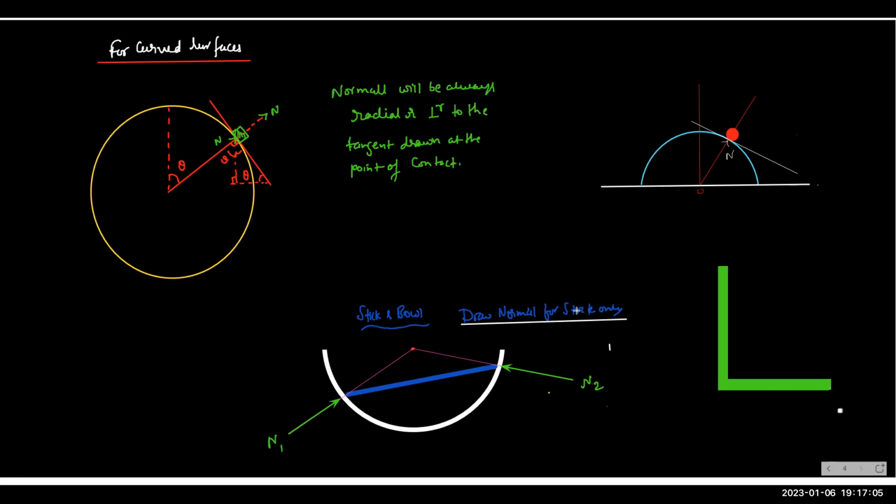So let's say we have a floor and a vertical wall, and I have a stick. These are all for rotational dynamics, not for this chapter, but it's good to learn at least once here. Can you draw the normal for this stick only, the pink one? So can you draw it?